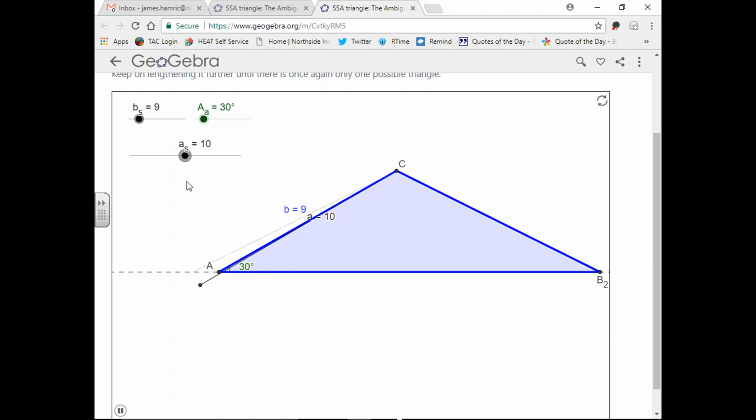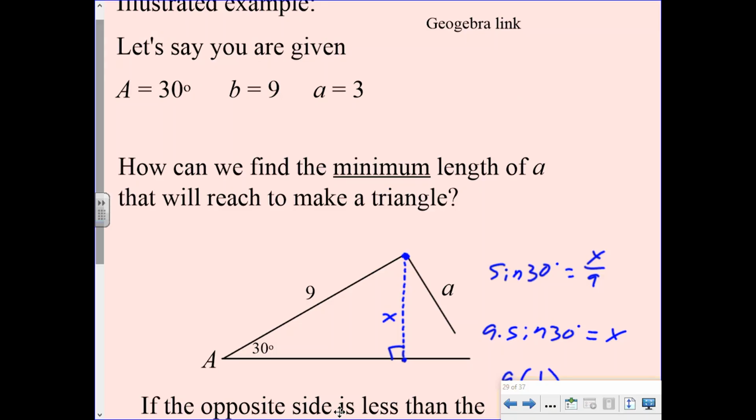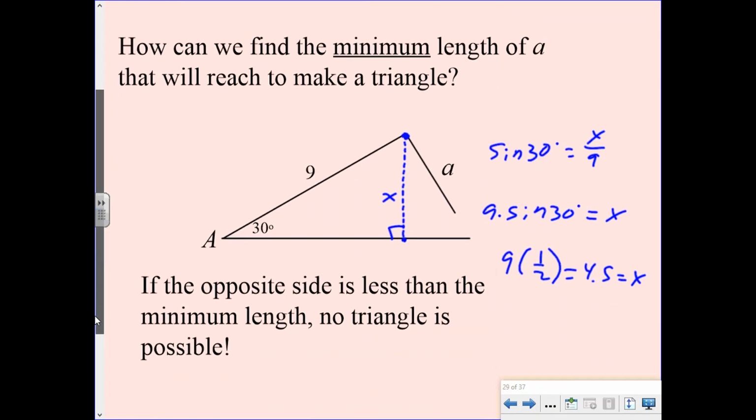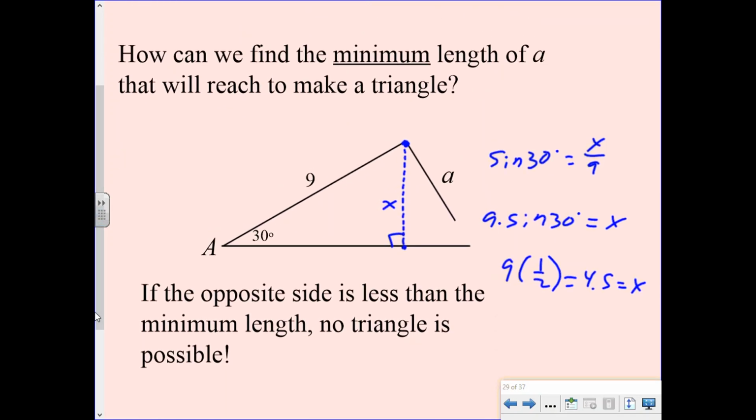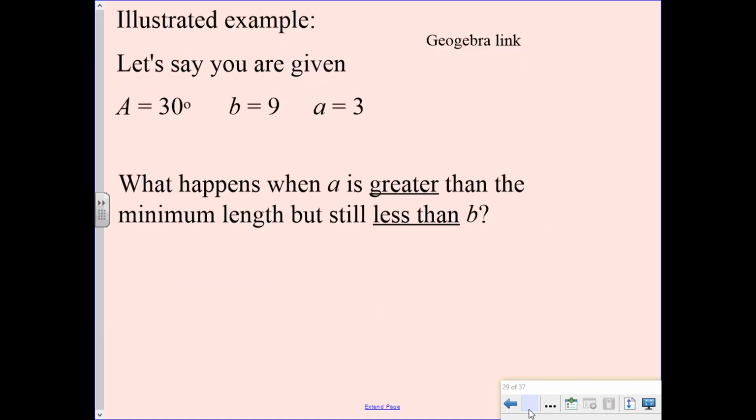Okay, so to recap, if your opposite side that you're given is less than that minimum length, then there's no triangle that's possible. If A is greater than the minimum length but less than your adjacent side, that's when you have 2 triangles possible.